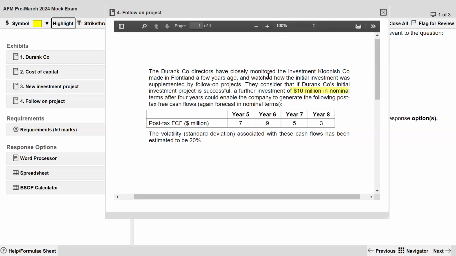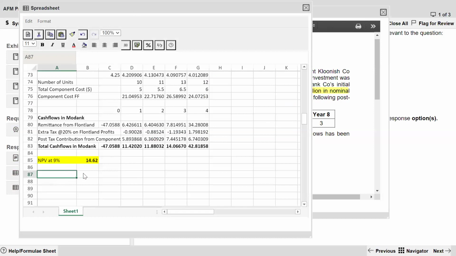So now what you need to do is, for the follow-on project, we would be needing a few things.